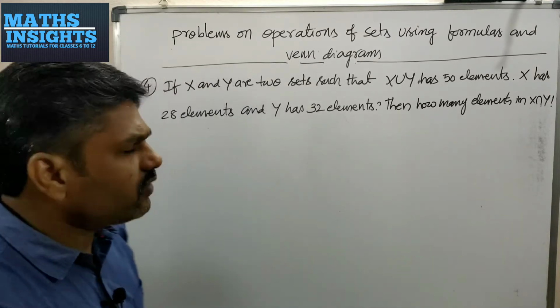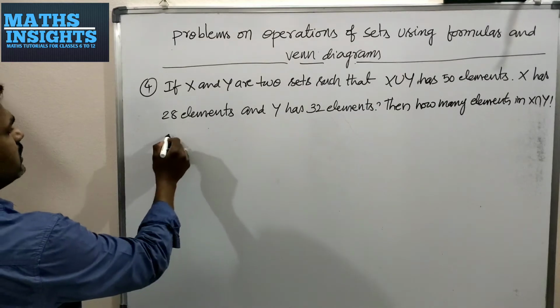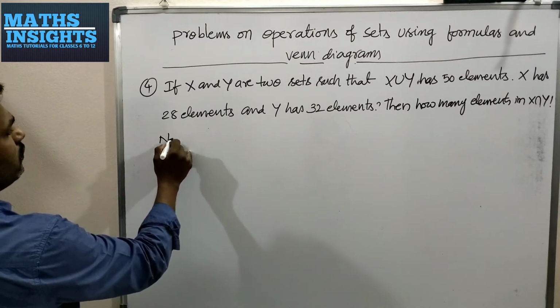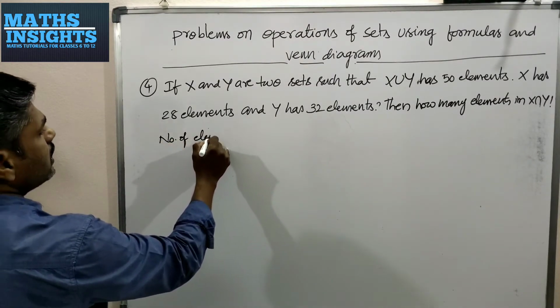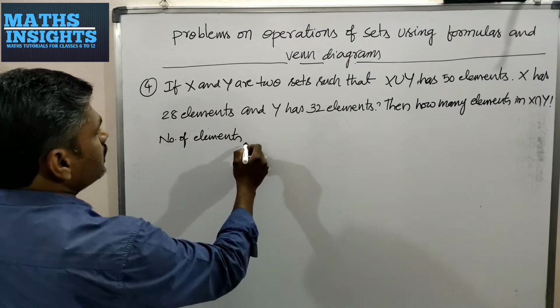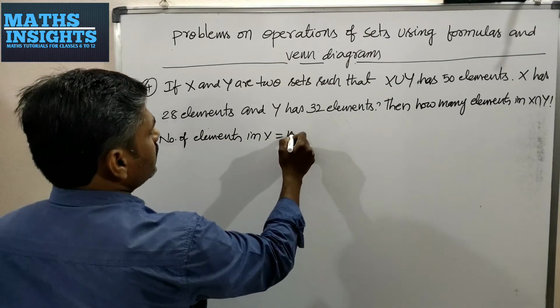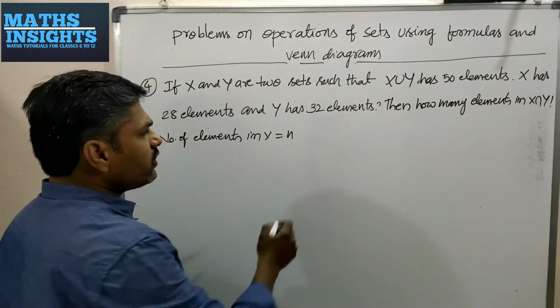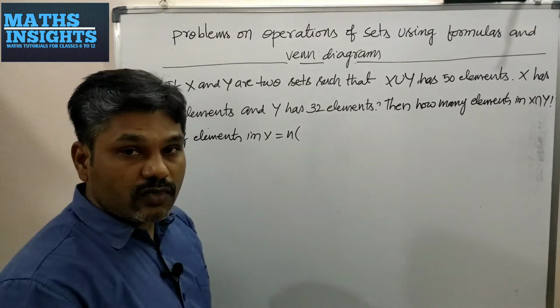First I will solve this one by using the formula. See, you have to write the number of elements in X, that is, n(X), which is nothing but the cardinal number of the set.